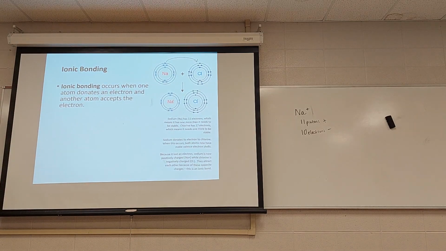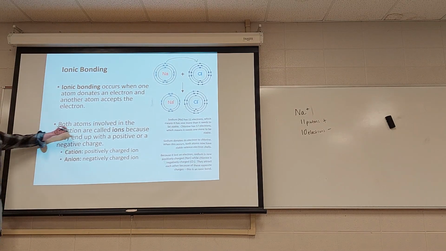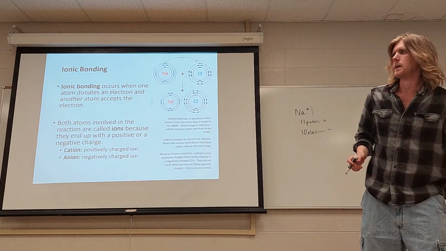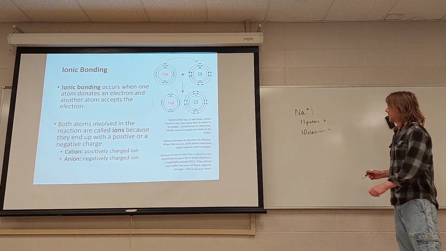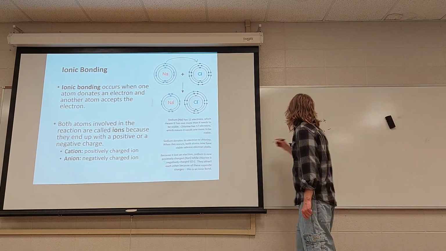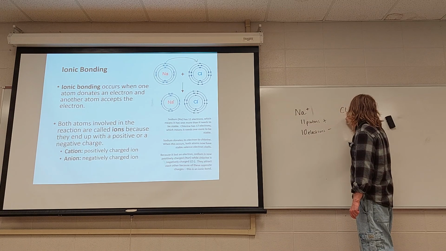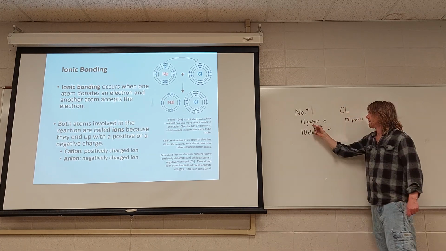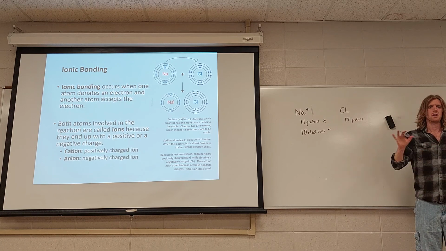Yeah, it's an ion because it has a charge to it. In this case, it has a positive charge, so it's called a cation, which you can see there. Chlorine, 17 protons. Remember, if it doesn't have that proton number, it's not that element.